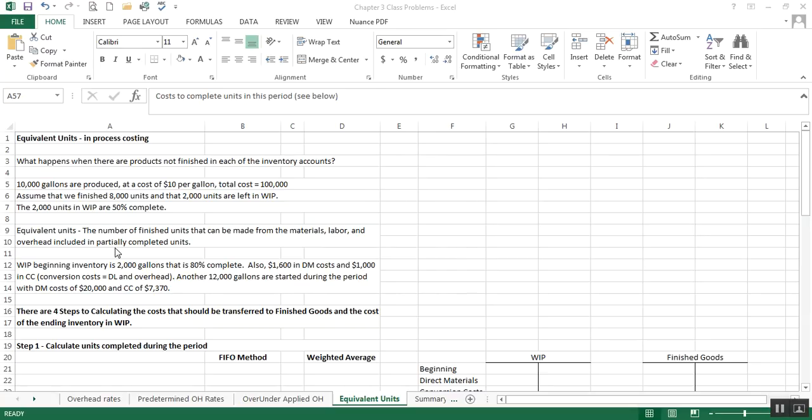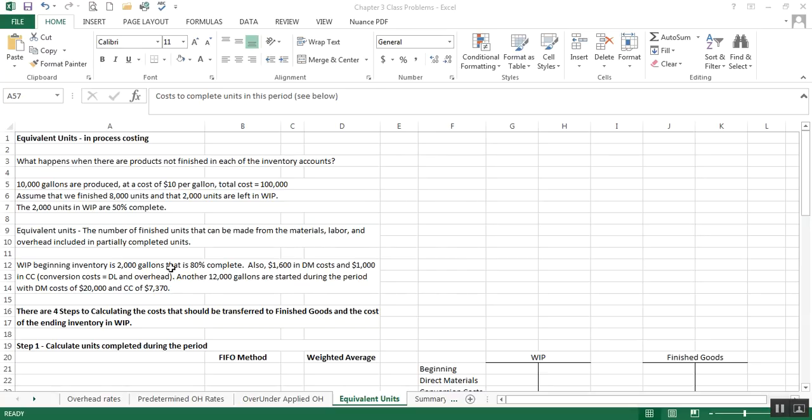If we were simply looking at just the ending inventory, the equivalent units would be 2,000 units times 50% complete, which is equivalent to 1,000 units that are 100% complete. This doesn't mean that there are 1,000 units that are actually 100% complete. This is a concept, or in theory, we can assume that 2,000 units that are 50% complete would be the equivalent of a total of 1,000 finished units.